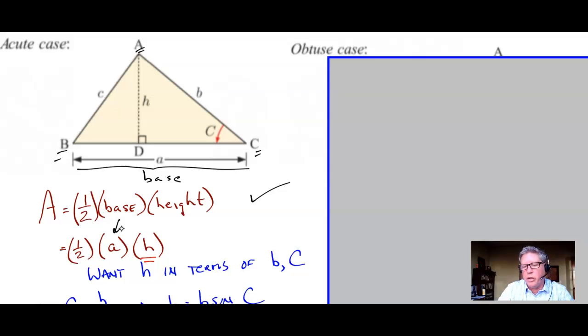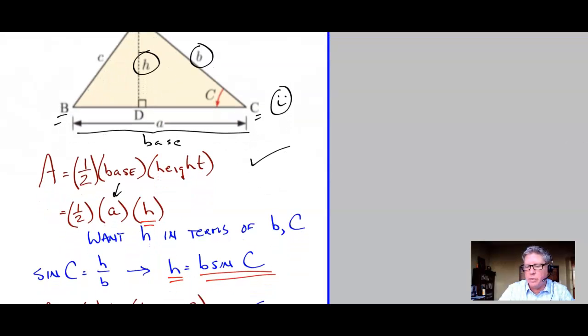And then the height, good old h, darn it. I wish I had h in terms of b and c. So if you put yourself right here, you can see that you are part of a right triangle. And hey, we have SOHCAHTOA. So the opposite over the hypotenuse is equal to the sine of C.